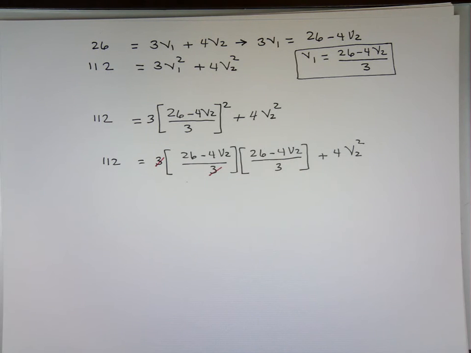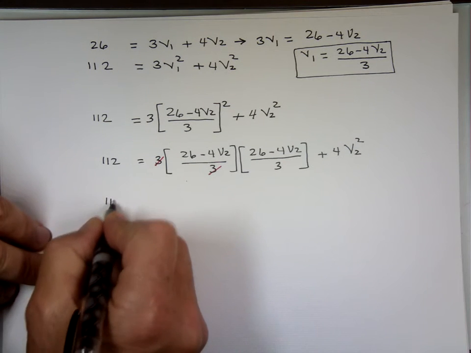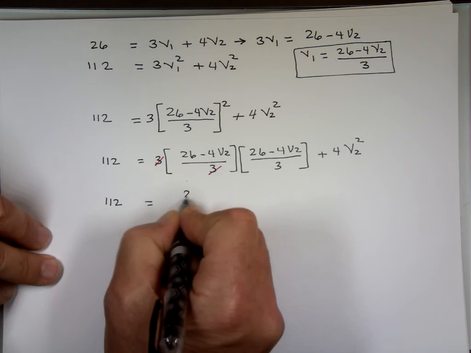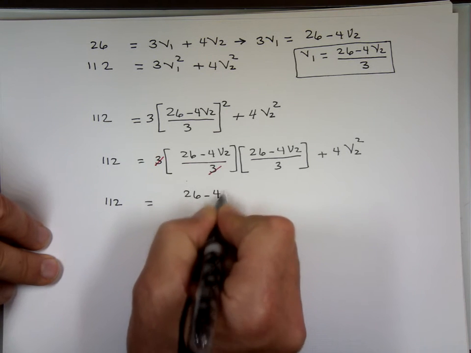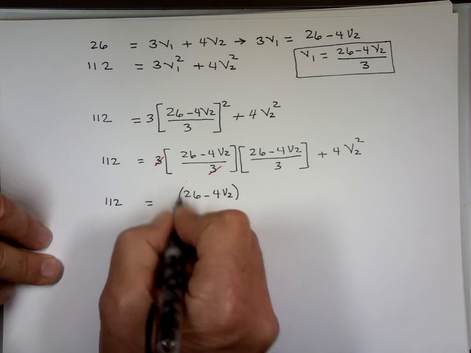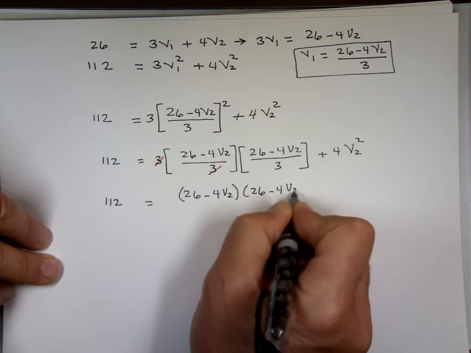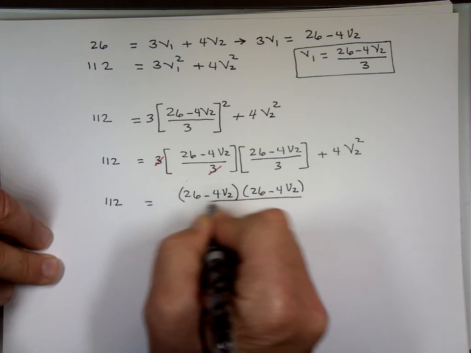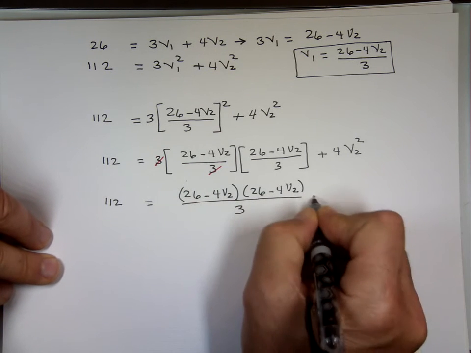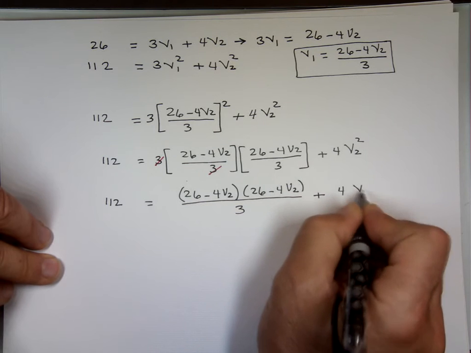These two 3's. I still have a 3 in the bottom. 112 equals 26 minus 4v2 times 26 minus 4v2 divided by 3 plus 4v2 squared.